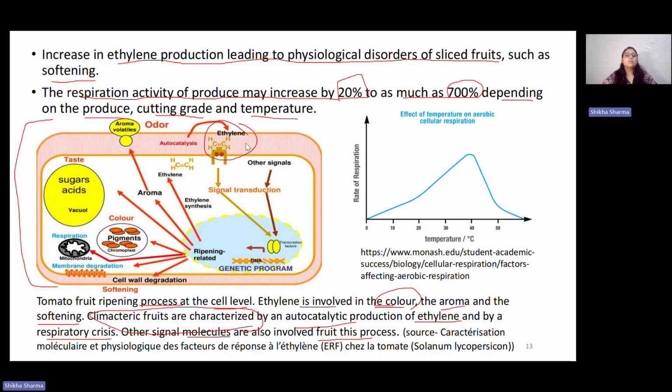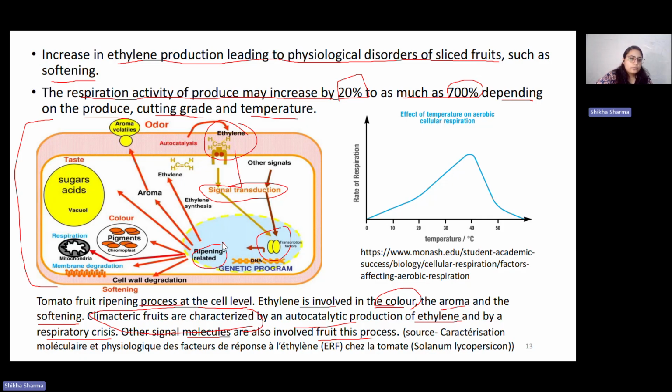In climacteric fruit, as we know, after the harvest, ethylene gas is produced. That is an autocatalysis process, and when ethylene is produced, it produces signals that go to the transcription level, and gene expression related to ripening will take place.